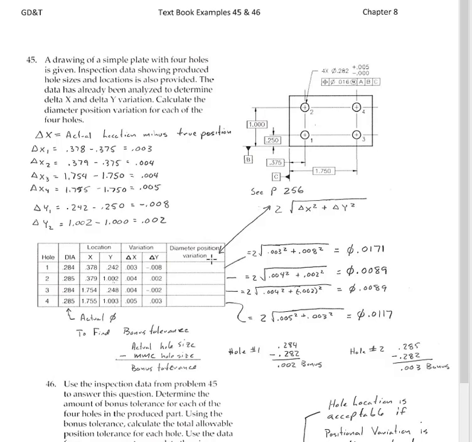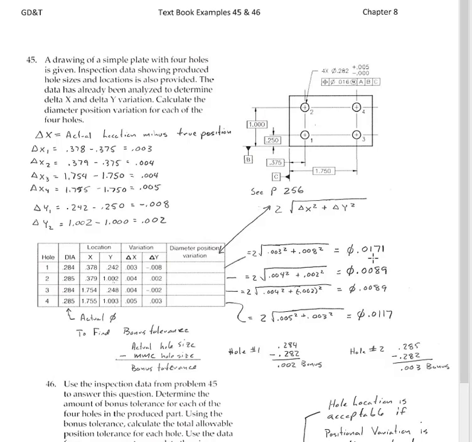If you take the true position point, which is defined by the basic dimensions right here, and calculate what your actual coordinate distance is from that, we do that by taking the square root of the sum of the squares of our x and y variations. And then we multiply that by 2. That gives us 0.017 or 17 thousandths. Essentially, this 17 thousandths defines the actual location of your hole.